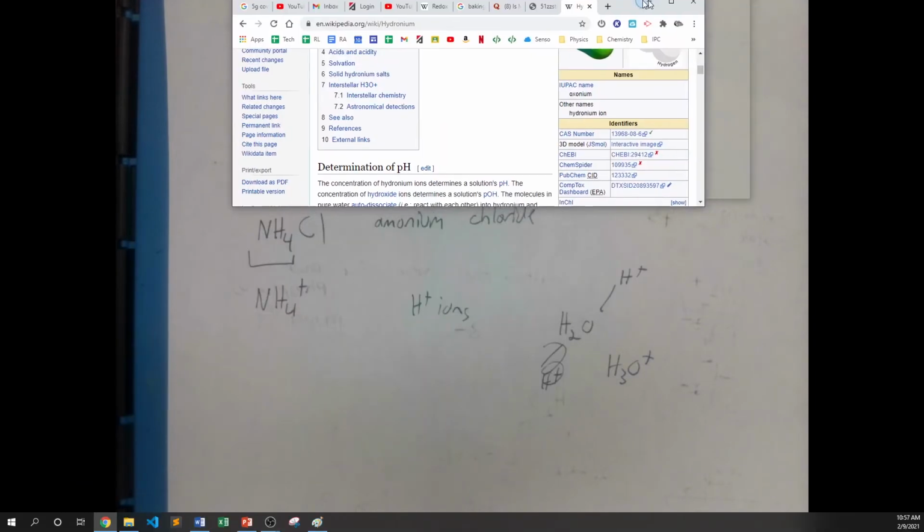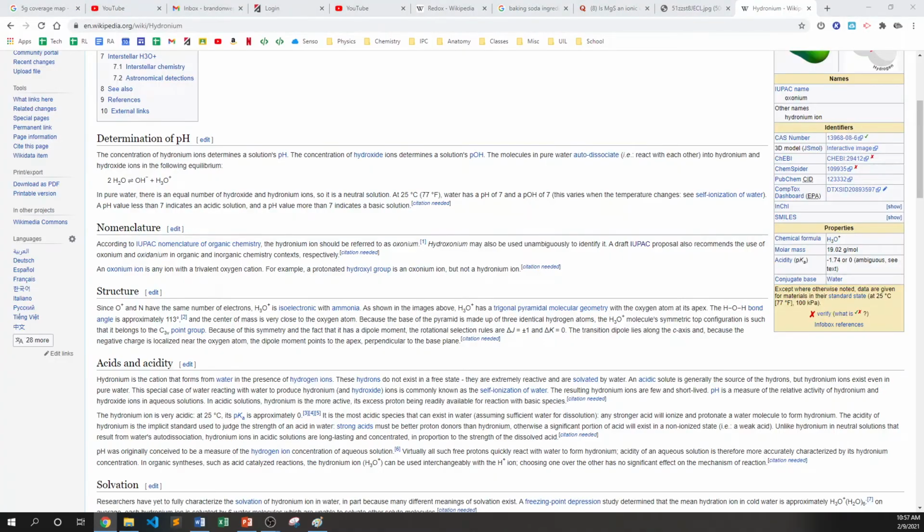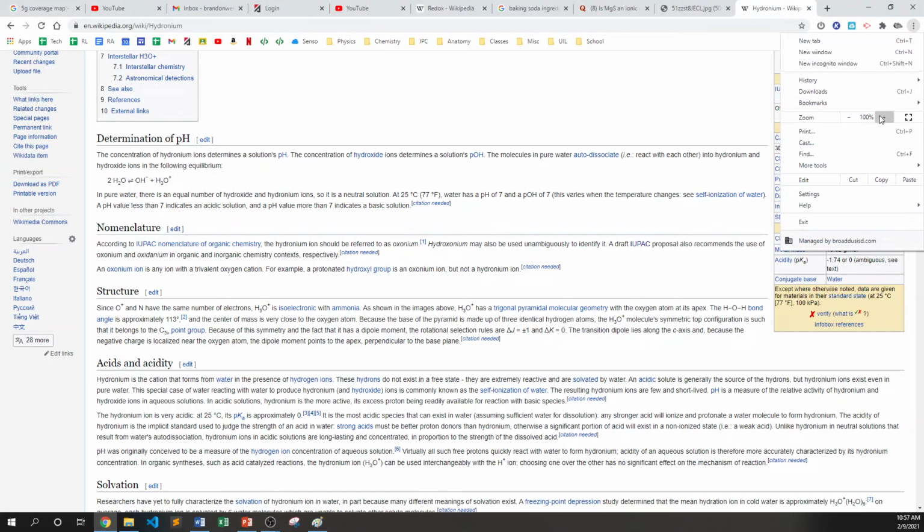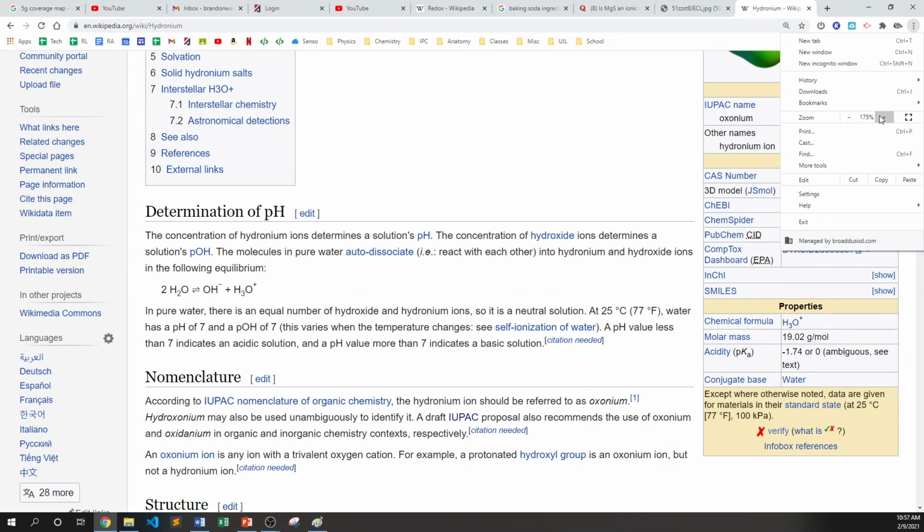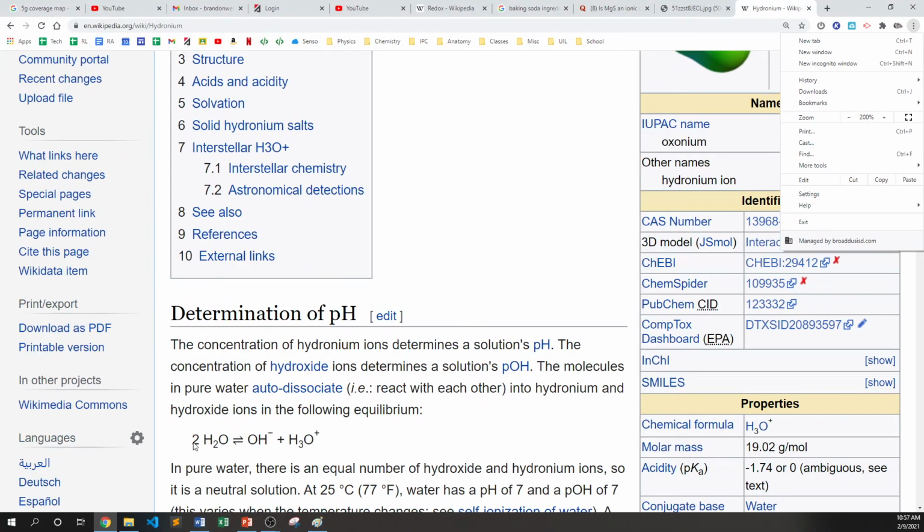Also, water can occasionally break apart and produce it, and you can look this up. For example, two water molecules can come apart and do some funny things. So two water molecules, this symbol here means it goes back and forth between these two states.